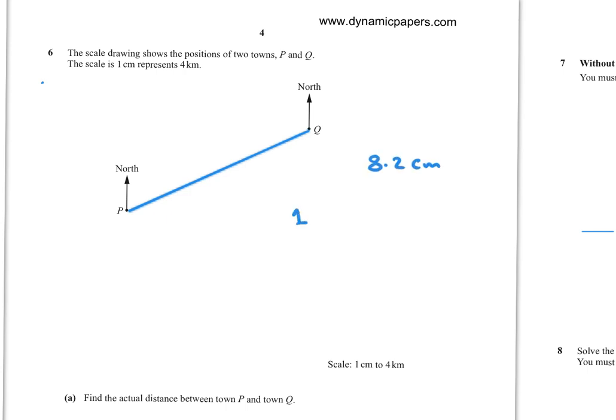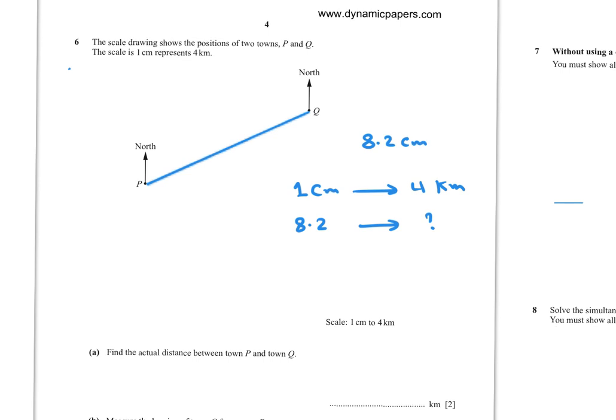Now the scale is 1 centimeter equals 4 kilometers. So 8.2 equals how many kilometers? Cross multiply. So the answer for A will be 32.8.